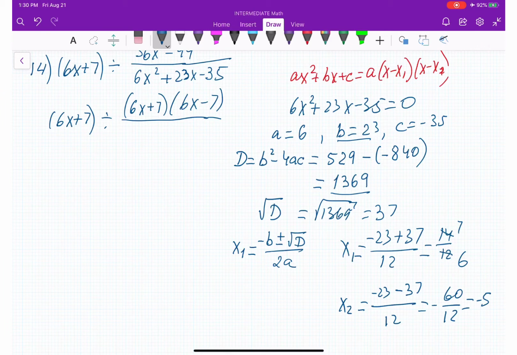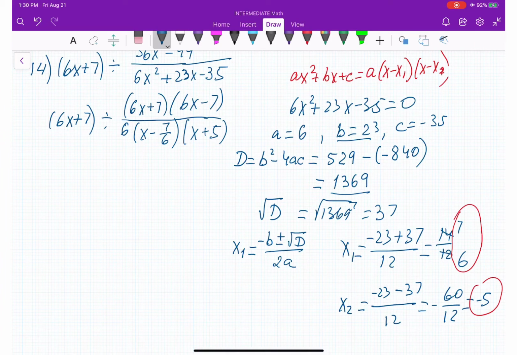Okay, so this is my first number, x1. This is my x2. So if I write down, I'm going to get x, my a times 6, and I will get x minus 7 over 6 and x plus 5, because I have negative, plus 5.